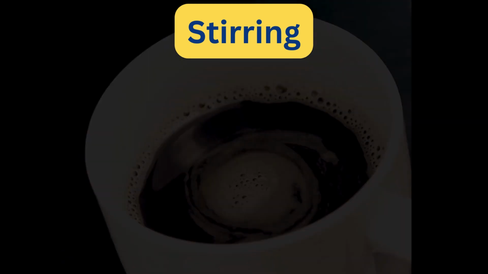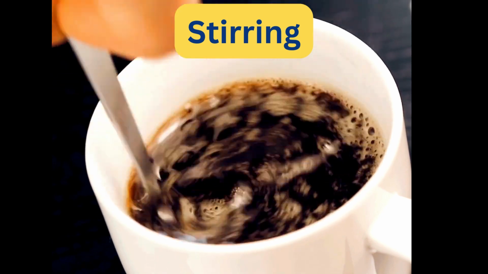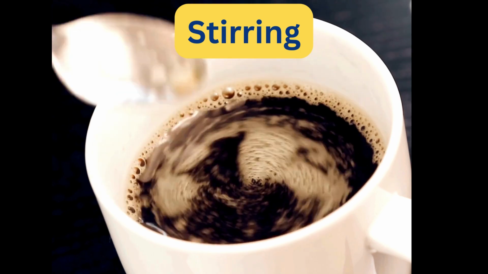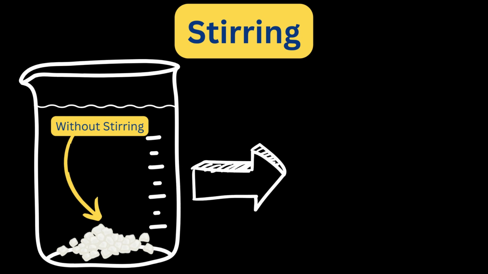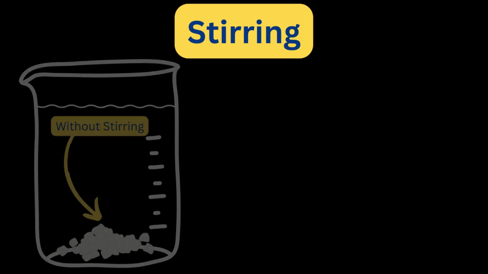Surely you've noticed that things happen faster when stirred. Take dissolving sugar in coffee, for example. Without stirring, the sugar just sits at the bottom, but give it a good stir and it quickly disappears. Why? Stirring evenly spreads out the sugar and the water, maximizing their contact and thus the number of collisions between the water and sugar, which accelerates the dissolving process.